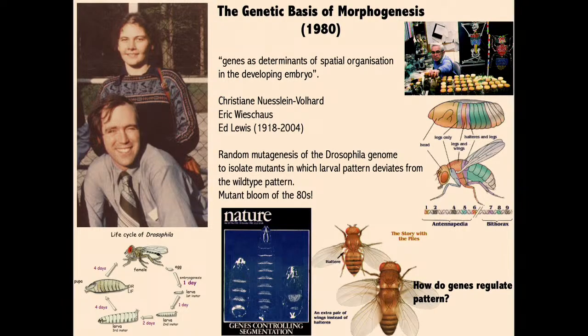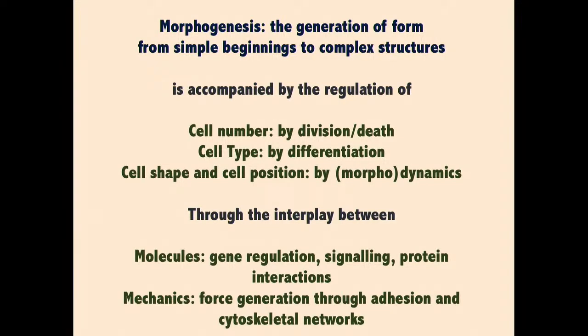Yeah, to getting canalized along a path to become a particular type of cell. But importantly, it's also accompanied by changes in cell shape and cell position, and I will just call this morphodynamics. All of this happens through the interplay between molecules.